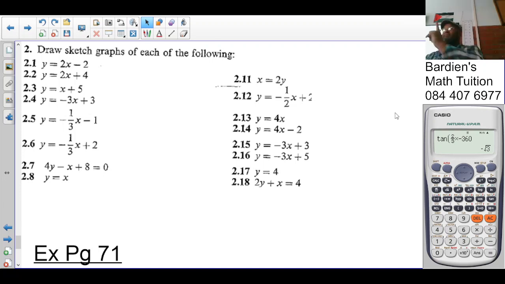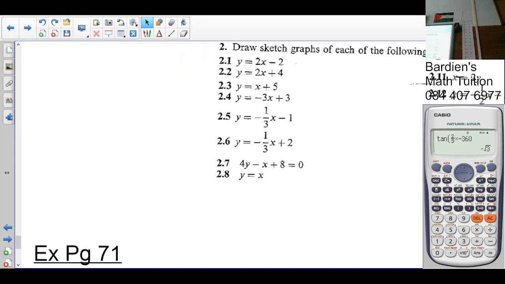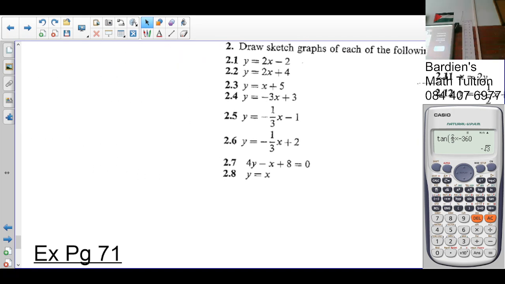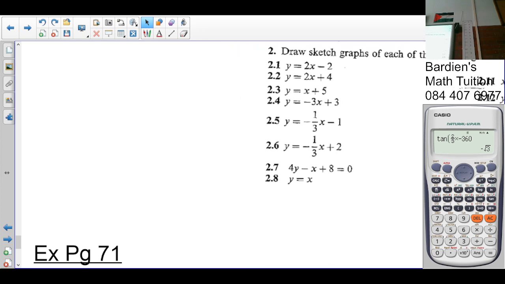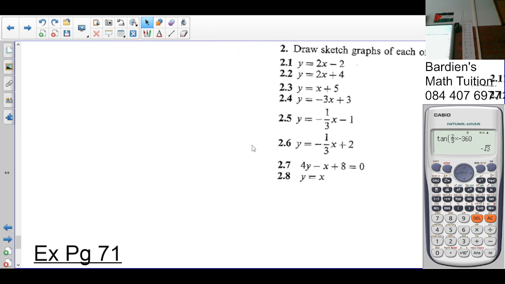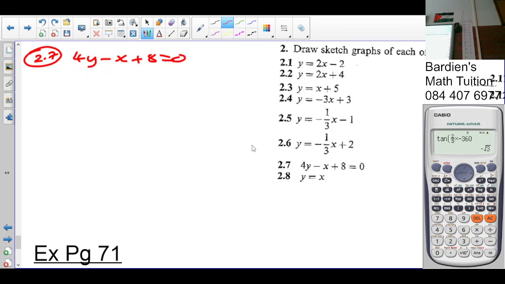We didn't do 7. Right, let's do 2.7 again. I'm going to move this over so we can have some working space. The 2.7: the sum was 4y minus x plus 8 is equal to 0.